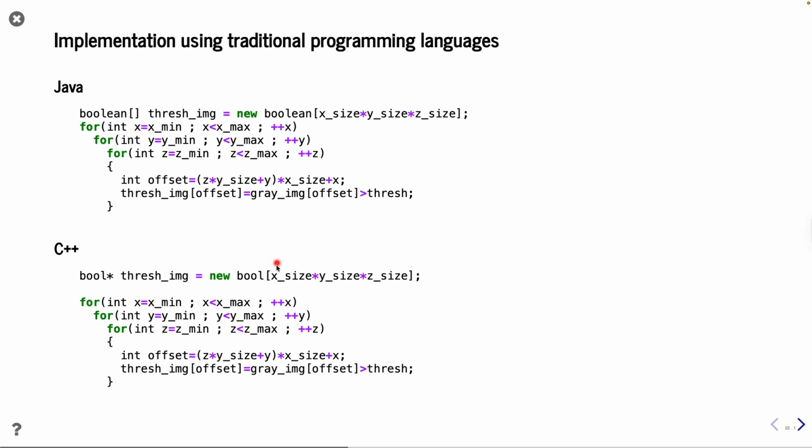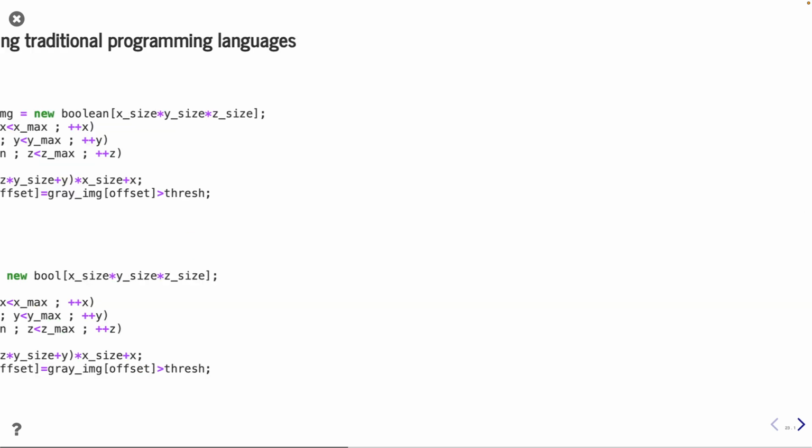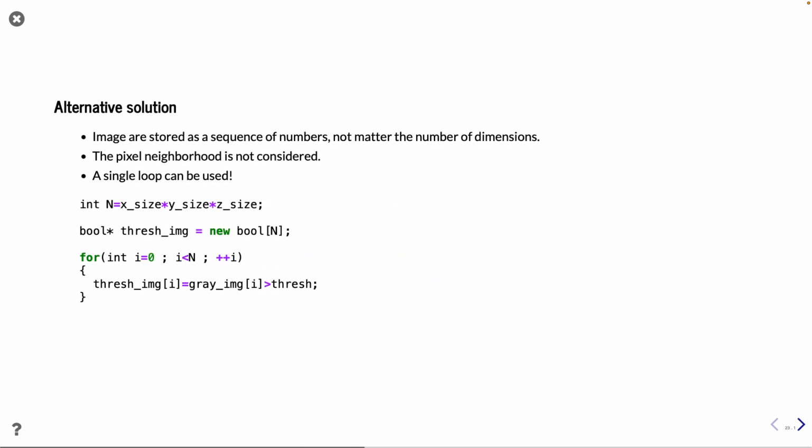With C++, it's essentially the same, no big difference. But in many cases, you can reduce the problem to just saying that you have a big chunk of memory, and go through all the points and compare them. Then the three loops reduce to a single one, and it's easier to read. So this is probably what you would do.